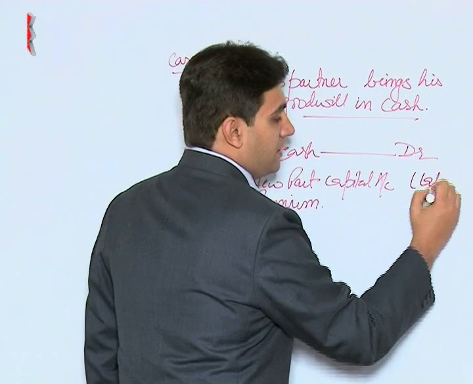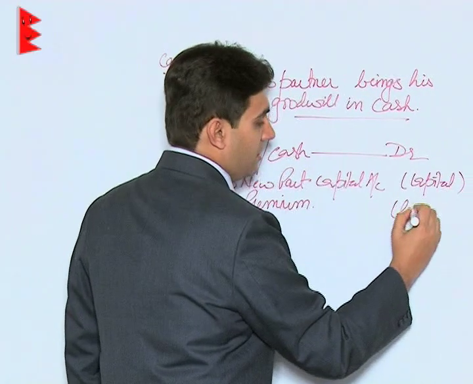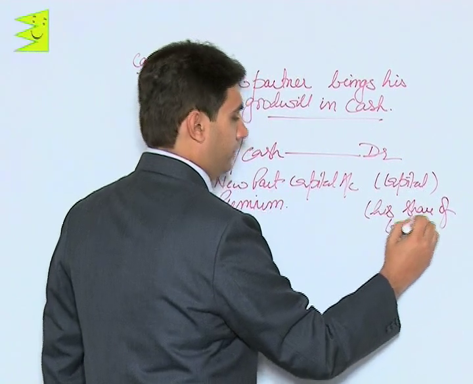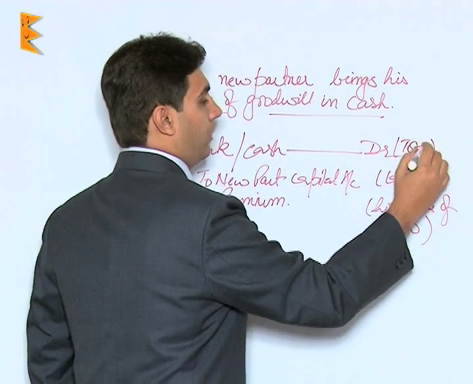Capital represents his contribution towards the capital of the firm. Premium represents his share of goodwill, and in bank we will have the total.